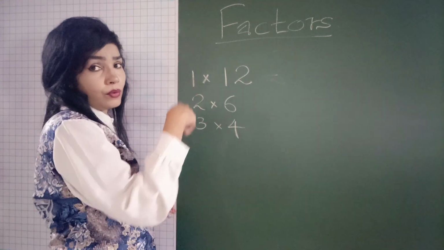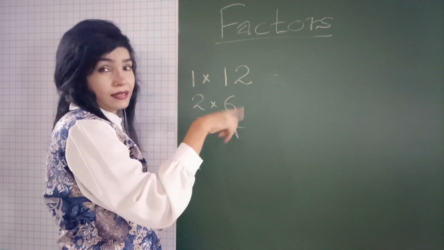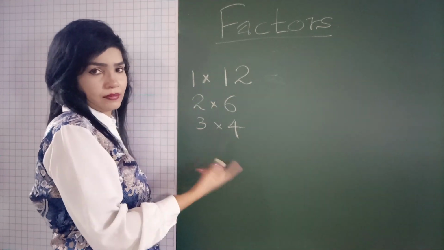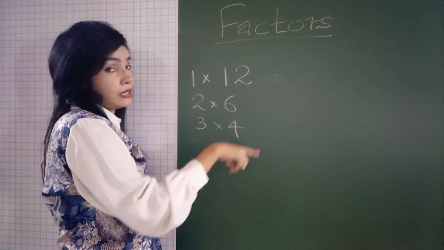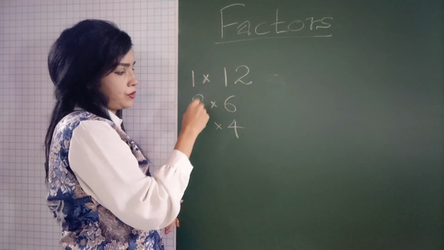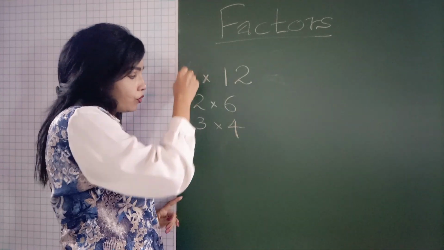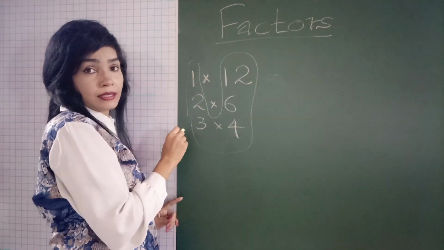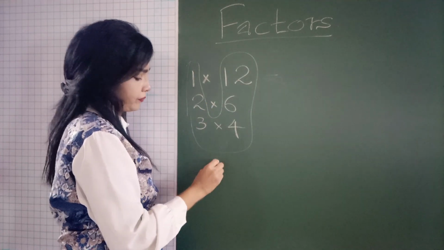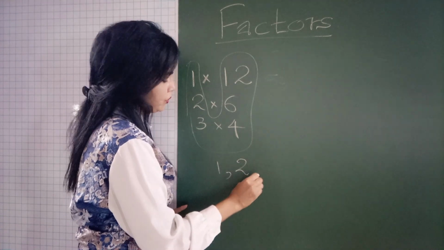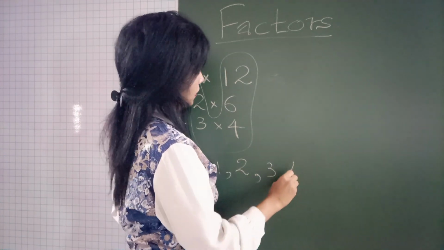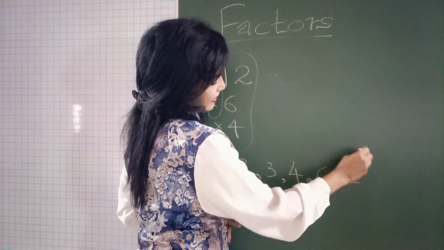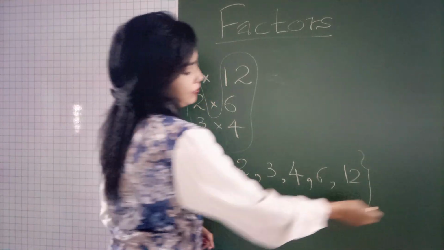Because we don't want to write again and again the same thing, 1 into 12 is 12 into 1. Therefore I am not rewriting that. So I can write 1 into 12, 2 into 6 and 3 into 4. Then all these are factors. I can write in the ascending order: 1, 2, 3, 4, 6, 12. These are the factors of 12.